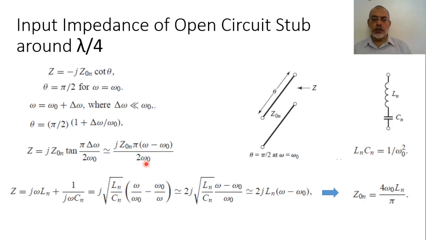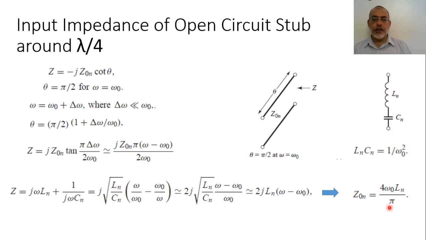Or in other words, Z naught n would equal 4 omega naught Ln over pi.